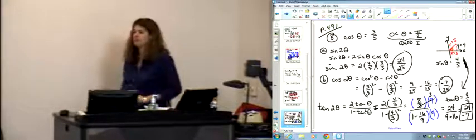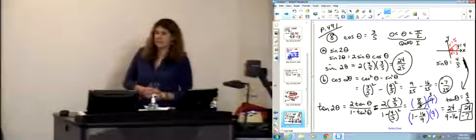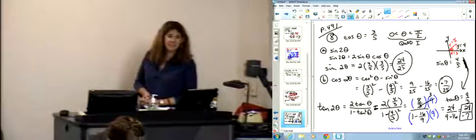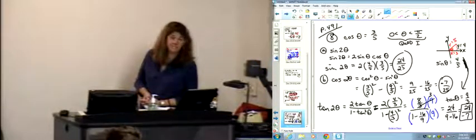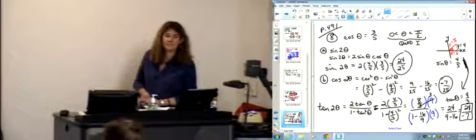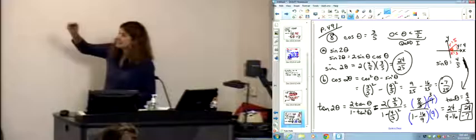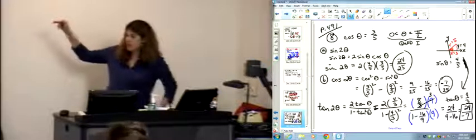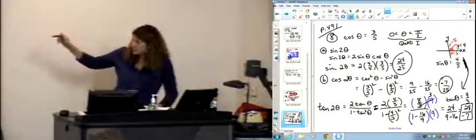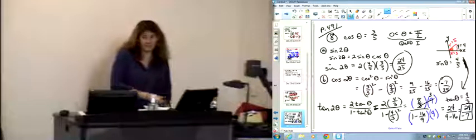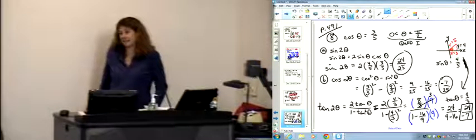Did I have to use that formula, tangent 2 theta, to get the tangent of 2 theta? No. What could I have done? I could have taken my sine of 2 theta from part A and divided by the cosine of 2 theta from part B, because the sine divided by the cosine will give me the tangent, right?